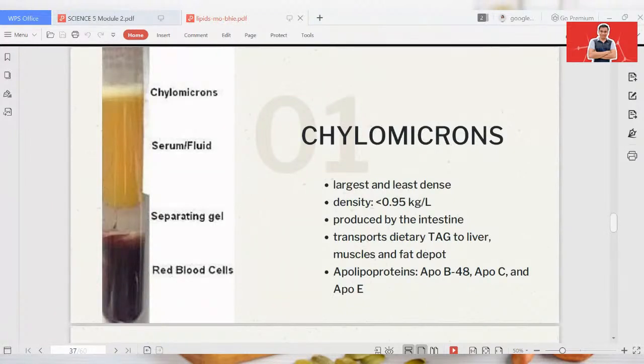Chylomicrons have apolipoprotein B48 mainly and lesser amounts of A1, C1, C2, and C3. In normal lipid metabolism, chylomicrons enter our circulation and metabolize the remnant particles for uptake and further modification by the liver.